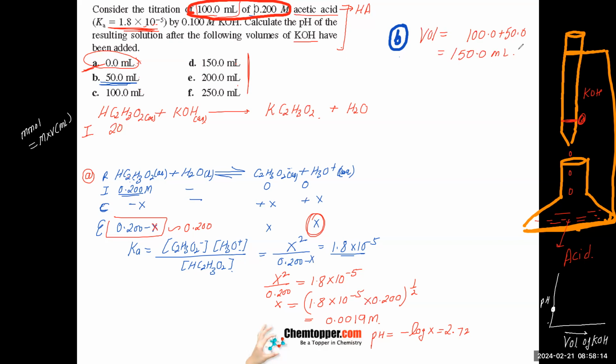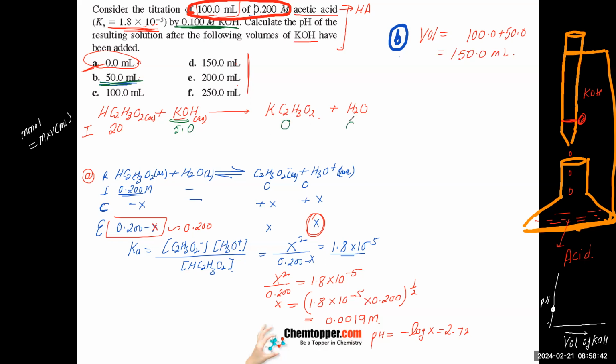Okay, so that's the volume of the solution. Now let's check the millimoles of KOH. Millimoles of KOH are 0.1 multiplied by 50, 5.0. That's the millimoles of KOH.